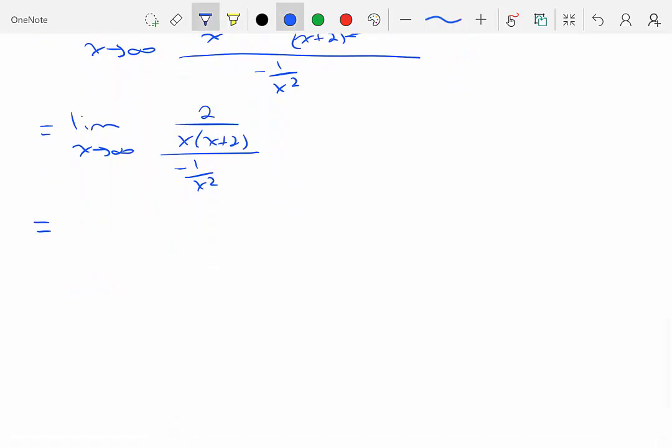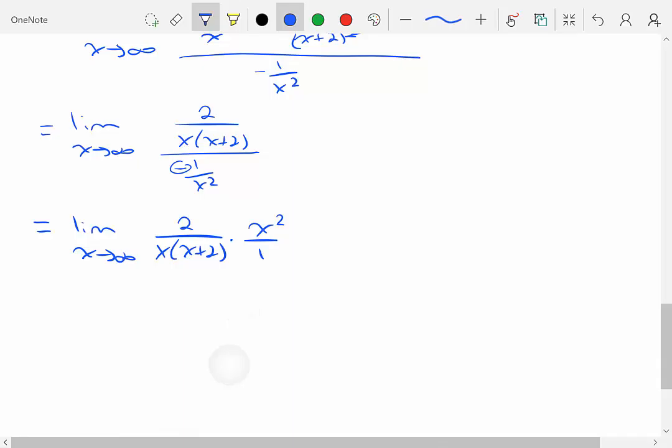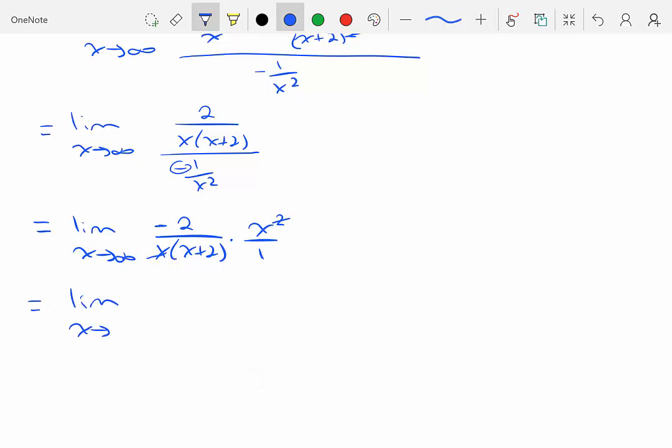I could rewrite that as the limit as x approaches infinity of 2 over x times x plus 2, multiplied by x squared over 1, and that negative right there, I'll put the negative here. This x is going to cancel with one of those x's, so I have the limit as x approaches infinity of negative 2x divided by x plus 2.